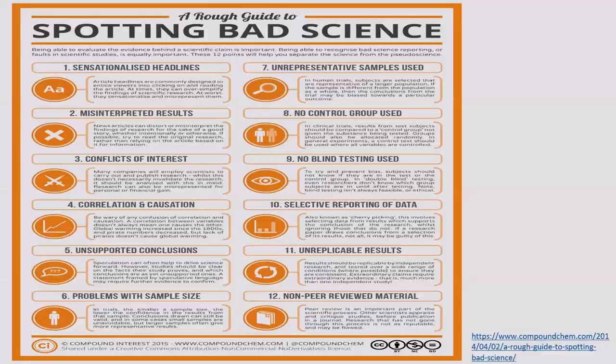There's a lot of guides on the web on how to spot fake science. And I'm sure a lot of us are familiar with a lot of these: conflicts of interest. Was it reproduced by anybody else? Did it appear in a peer-reviewed journal? A lot of sensible information, a lot of different versions of this.